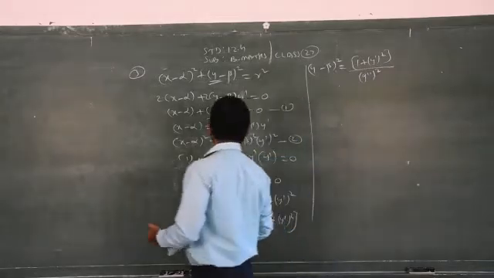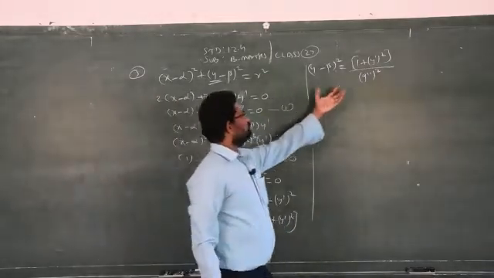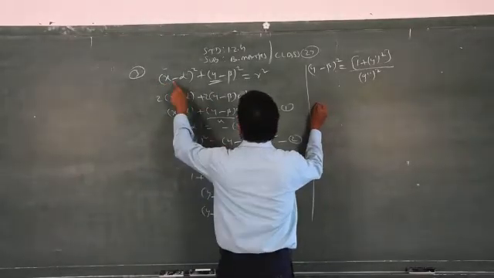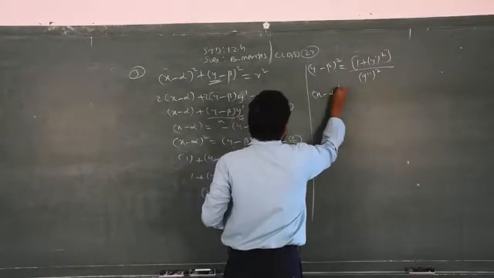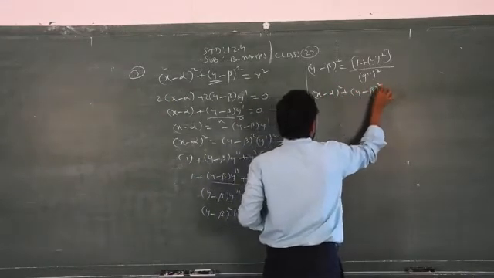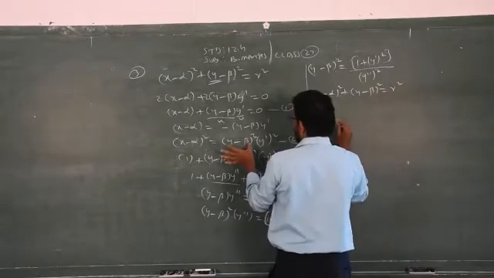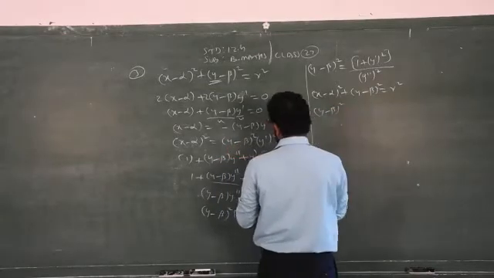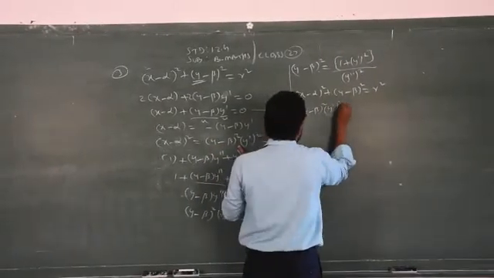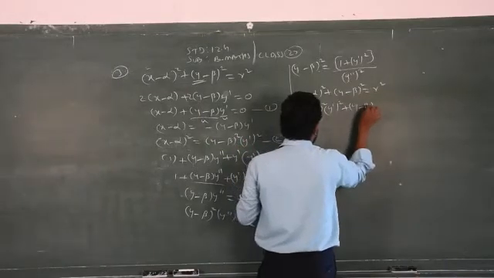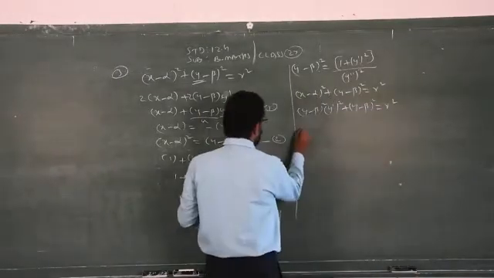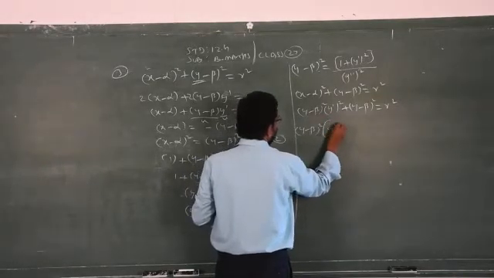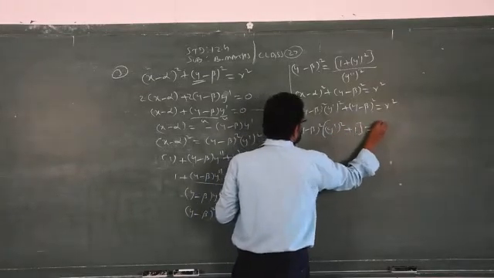Clear? Now I am replacing these two pieces of information in the question: (x − α)² + (y − β)² = r². I am replacing (x − α)² from equation number 2: (y − β)² (y')² + (y − β)² = r². (y − β)² is the common factor of these two terms, so (y − β)² [(y')² + 1] = r².